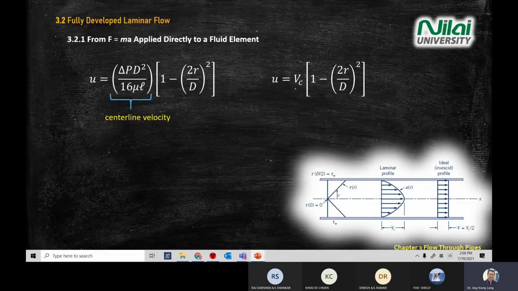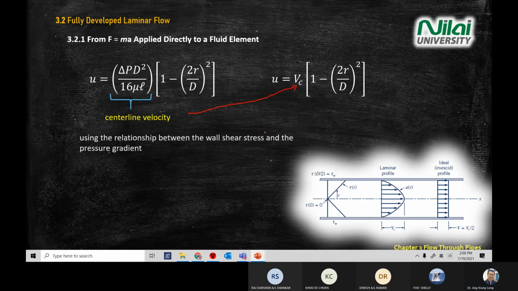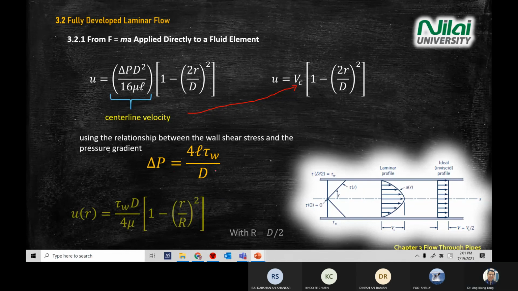So this is VC, meaning center velocity. So again, use back the pressure gradient at the wall just now. You managed to find it, just substitute delta P inside here. Rearrange, cancel what is necessary.